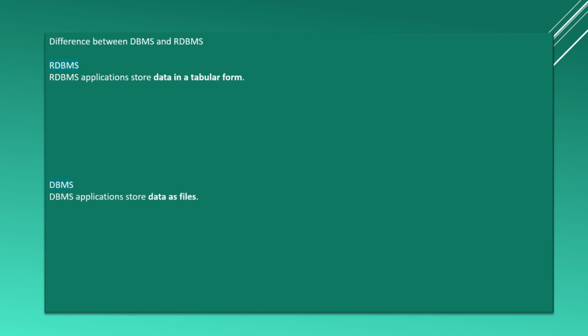So, what is the difference between DBMS and RDMS? RDMS applications store the data in tabular form, whereas DBMS applications store the data as a file. In RDMS, the tables have an identifier called primary key.